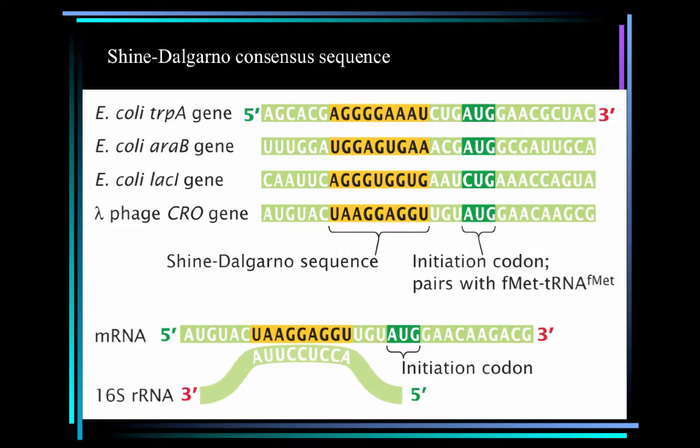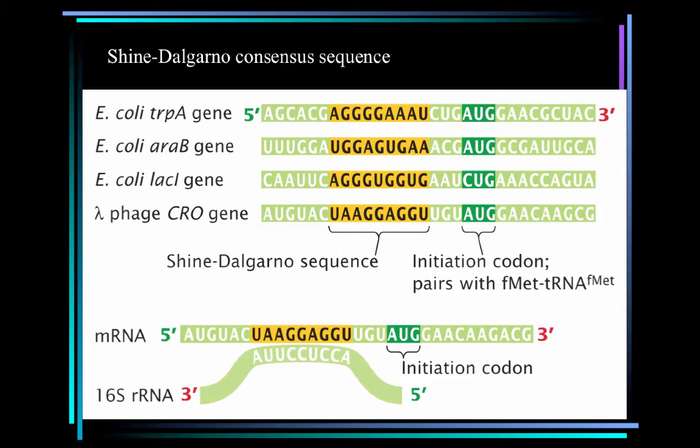As we back up and talk about the Shine-Dalgarno consensus sequence a little more in depth, this consensus sequence occurs upstream of the initiating methionine. The sequence is going to be very different depending on what species we're talking about and what gene within the species genome we're talking about.